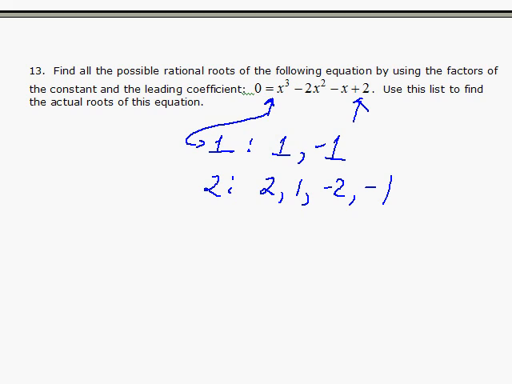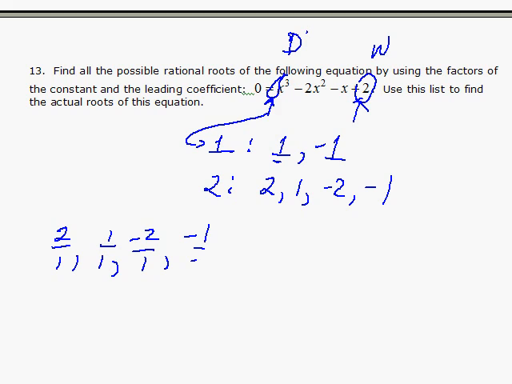Then you make fractions out of them. You put the constants in the numerator, and the leading coefficient's factors go in the denominator. So I'll let the 1 be in the denominator for a while, and I'll put all these in the numerator. So I'd have 2 over 1, 1 over 1, minus 2 over 1, minus 1 over 1.